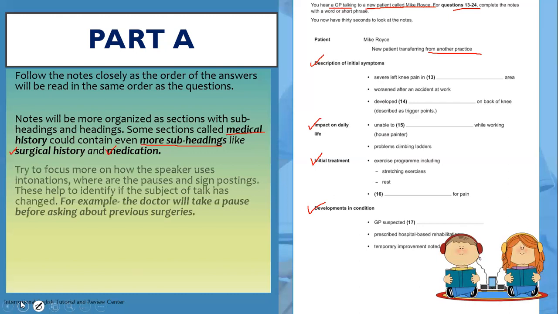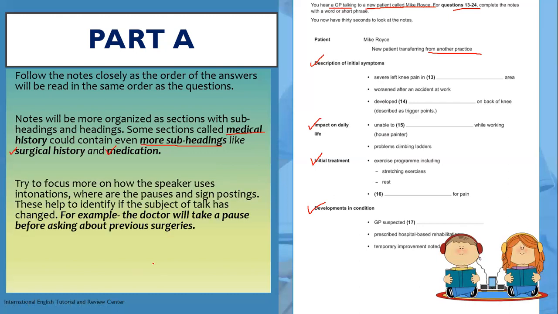Try to focus more on how the speaker uses intonation. Where are the pauses and signposting? These will help you identify if the subject of talk has changed. For example, the doctor will take a pause before asking about previous surgeries.